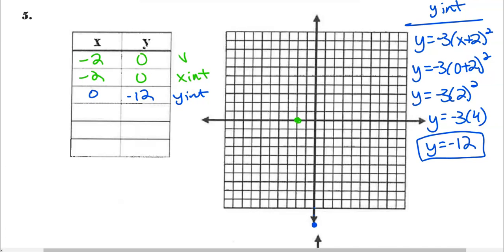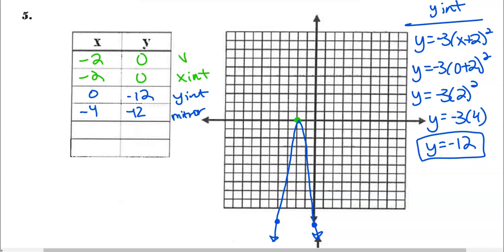If you want to do the mirror point, I can go 2 to the other side. So is that going to be negative 4, negative 12? That's the mirror image. And so it looks like this. Like that. If you wanted to count your graph by 2s to make it fit, you can. But it just barely goes off.